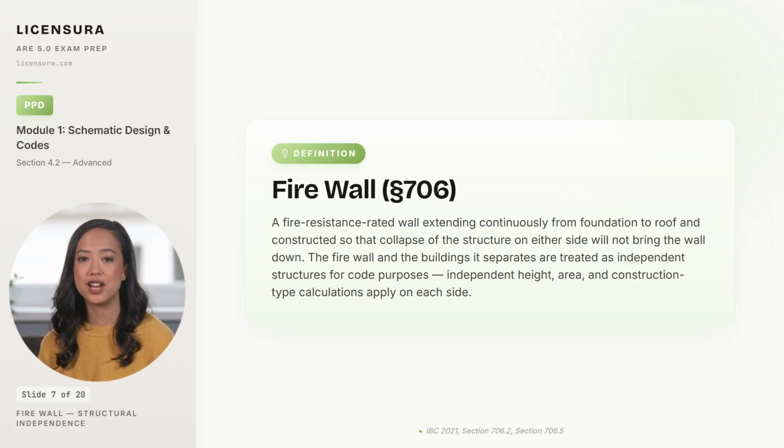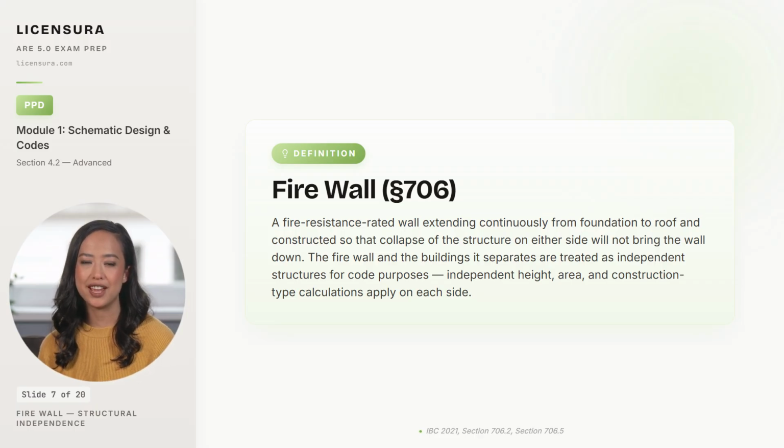Per Section 706.2, the wall must extend continuously from foundation to roof, and per Section 706.5, it must be constructed so the collapse of the structure on one side will not bring the wall down with it. That is the defining test. A fire barrier supported by the surrounding building structure is not a firewall. It is a fire barrier, even at the same hourly rating, because it would collapse when its supports collapsed.